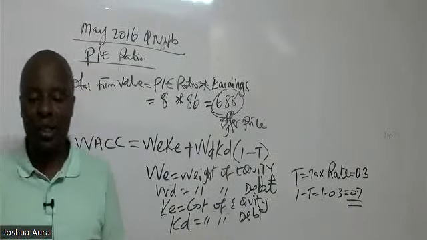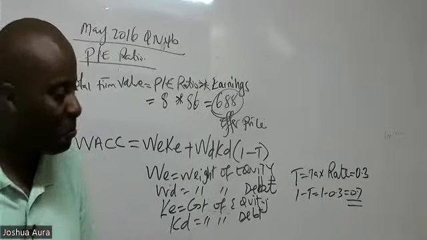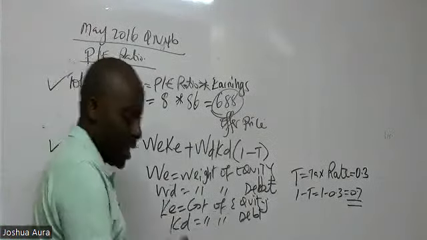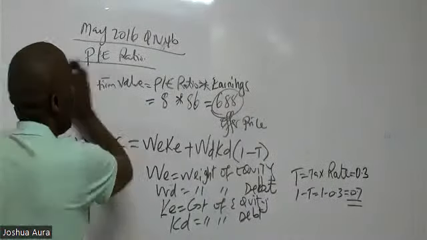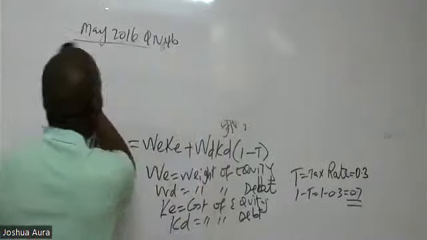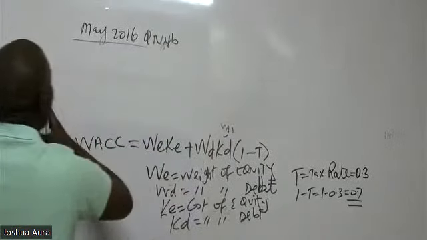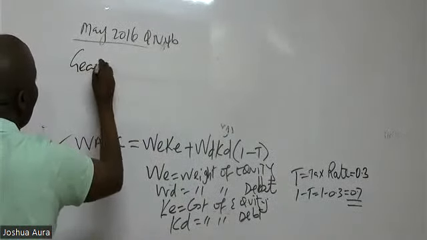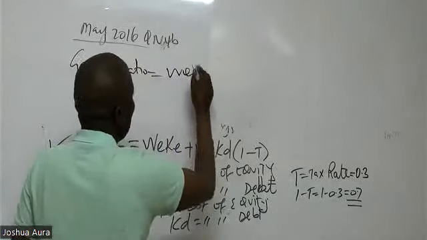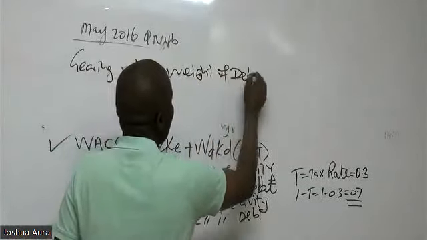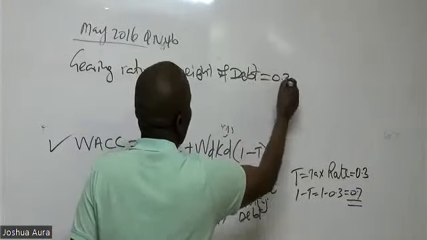Gearing ratio is the same as weight of debt. Very easy. Gearing ratio is the same as weight of who? Weight of debt, which is 0.35.